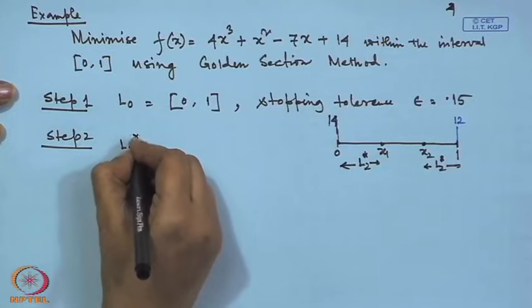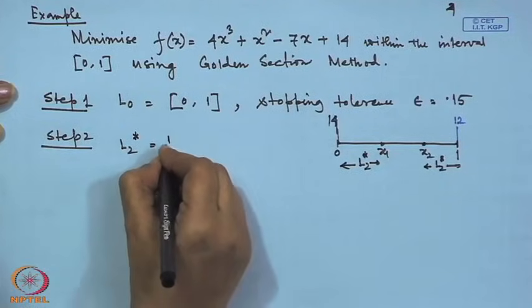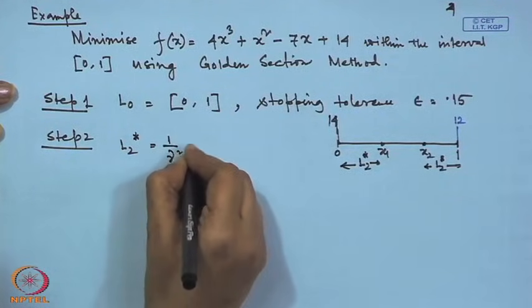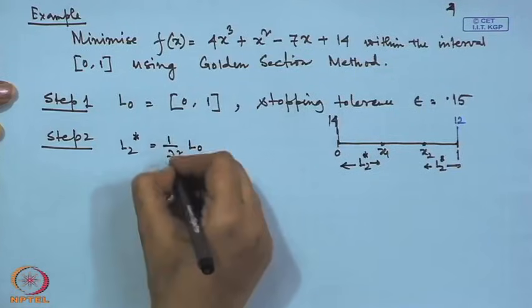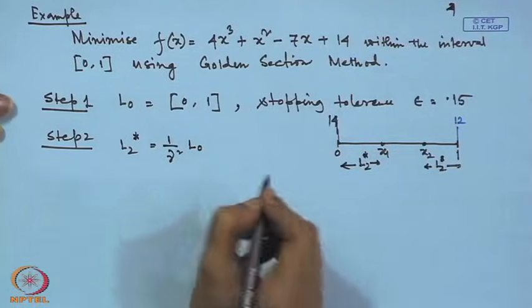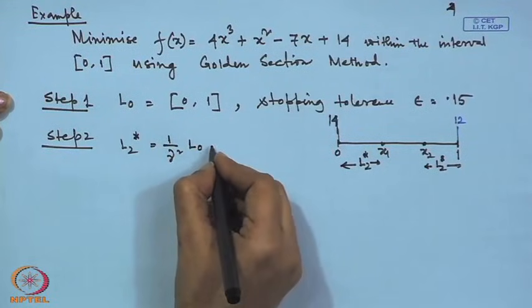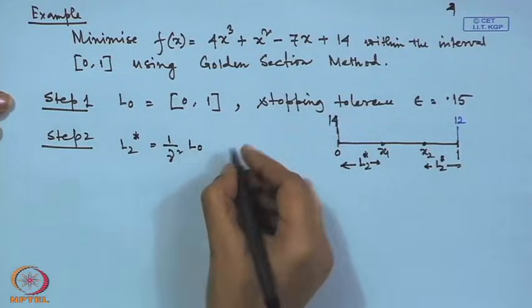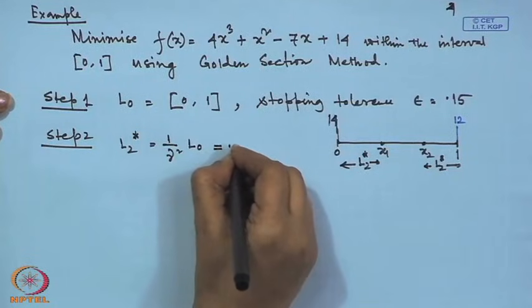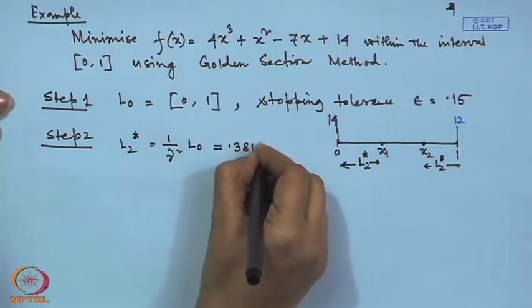We have considered L2 star equal to 1 by gamma square L naught. We know 1 by gamma is equal to 0.618. That is why it must be 0.618 into 0.618 into L0, that is 1, and we will get the value as 0.3819.